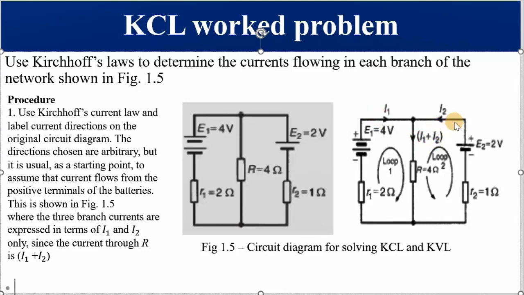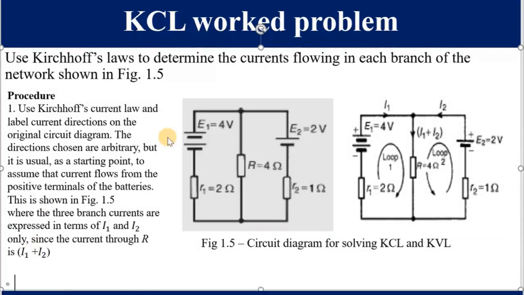The directions chosen are arbitrary, but normally we assume conventional flow of current from positive to negative. There are two loops, assuming current flowing from positive to negative. Then let's proceed to the next slide to see how this was solved.